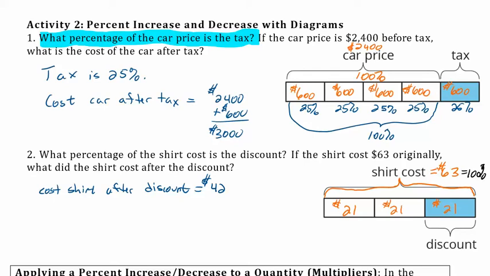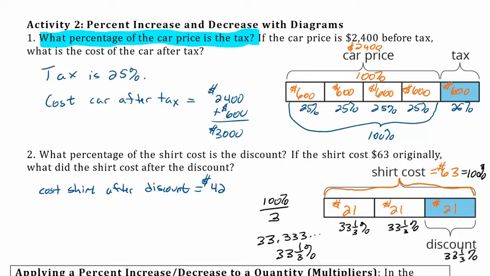So if we take 100% and divide it into those 3 blocks, you're going to get 33.3333 repeating, which we can write more concisely as 33 1/3%. Each of these blocks represents 33 1/3% of the original price of the shirt.